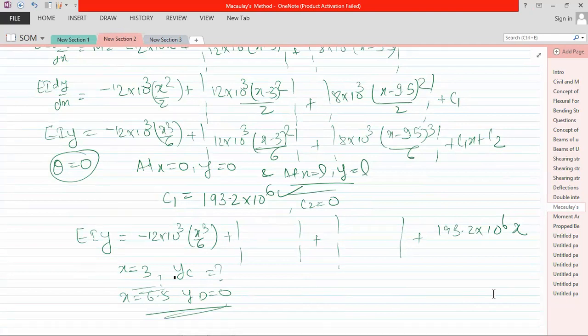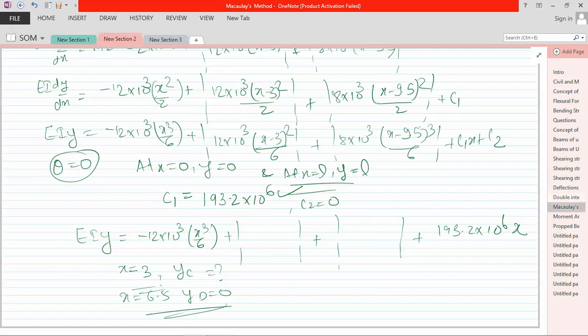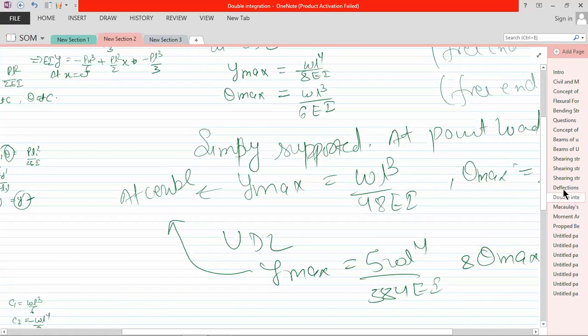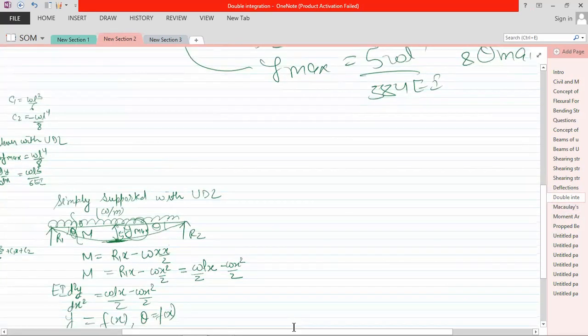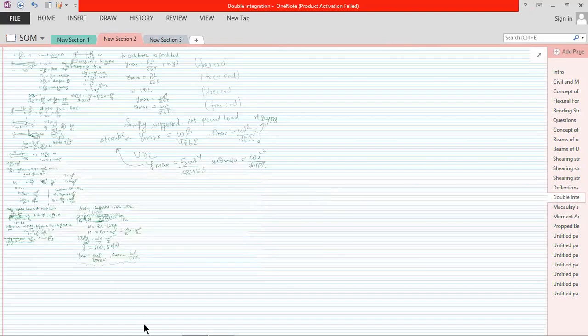Let me go with a problem that is not of Macaulay's method, but from the double integration in a cantilever. Okay, so I will go and come here again.